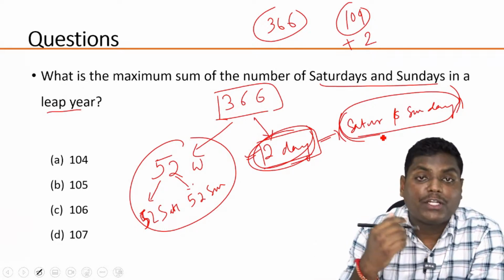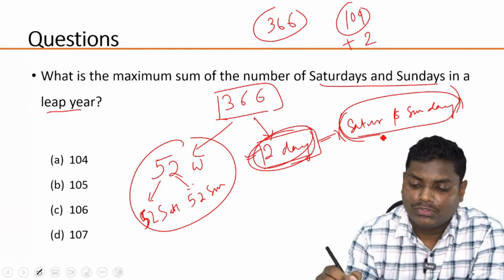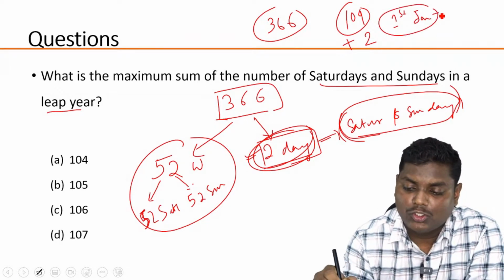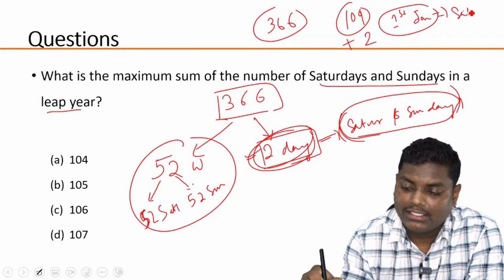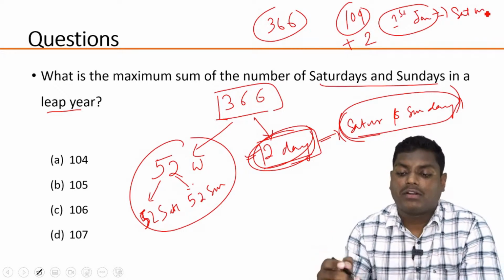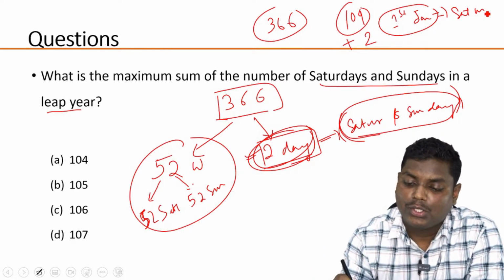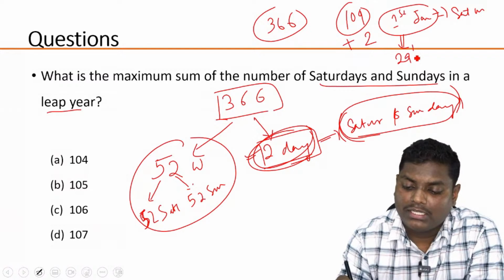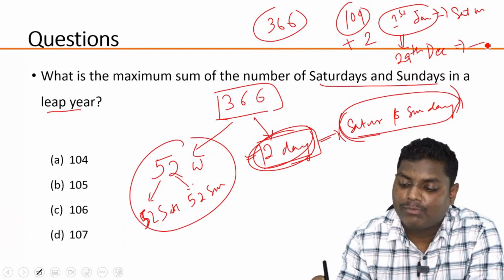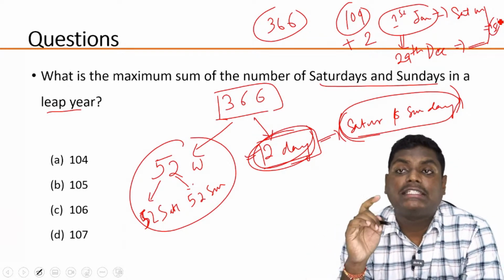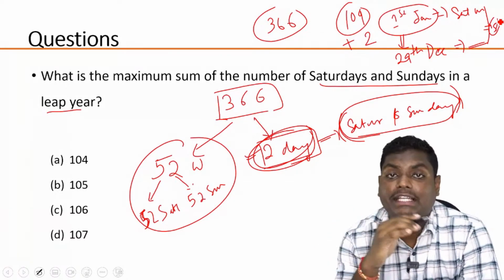So after the 52nd week, if you take the first of January to be a Saturday, since we need the maximum number of days, you can start with Saturday. Then by 29th December, you will be completing your 52 weeks, considering this is a leap year.